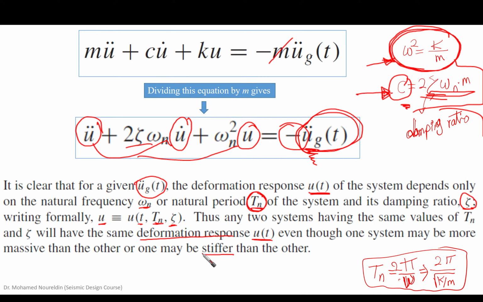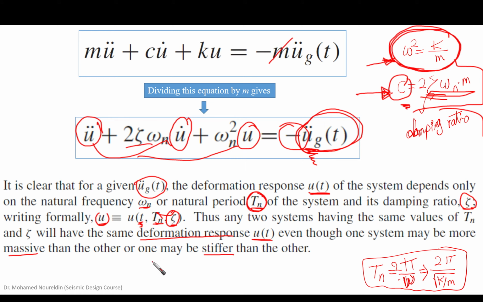What is the meaning of this? Take care that what u really relies on is the time t of the ground excitation, Tn, the natural period, and the damping ratio as well.